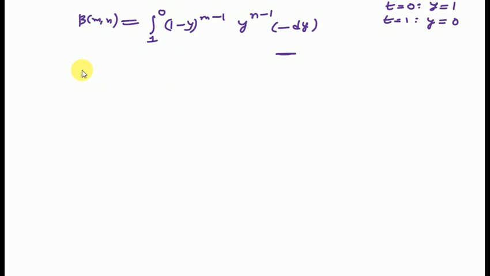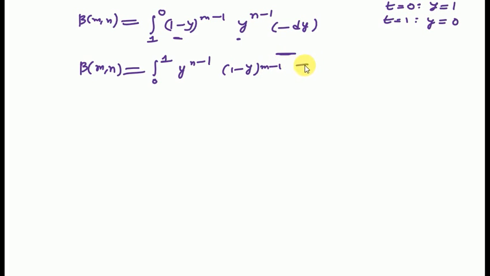So beta(m, n) is equal to the integral from 0 to 1 of y to the power n minus 1 into (1 minus y) whole power m minus 1.